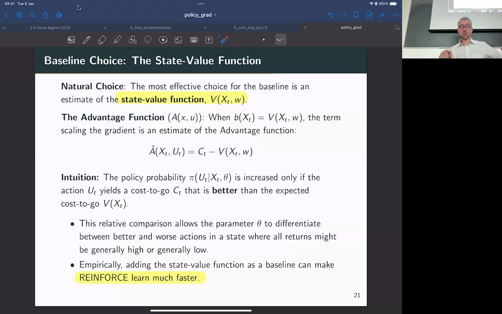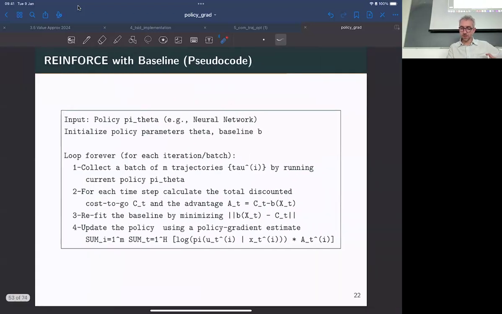The value function is just used in the policy gradient estimate. And it's a value and not an action value. So it's a different object. So this would be an extension of REINFORCE with baseline, with the value function used as a baseline.